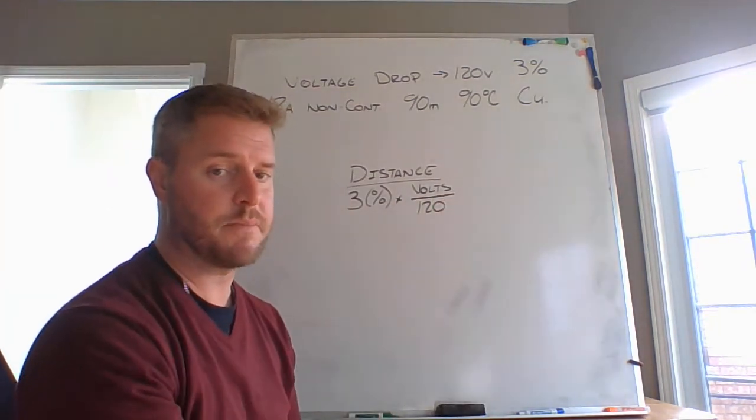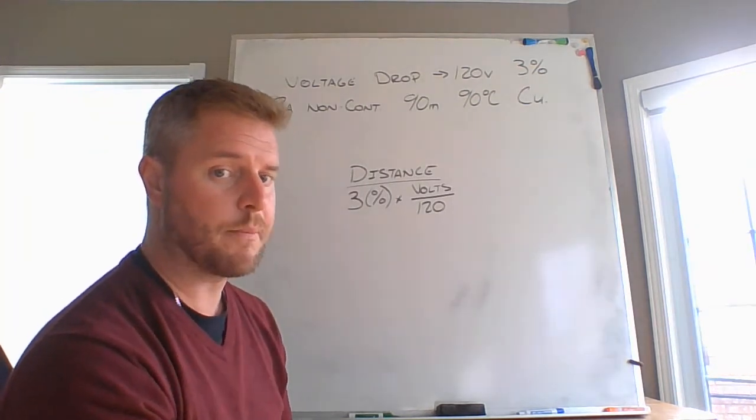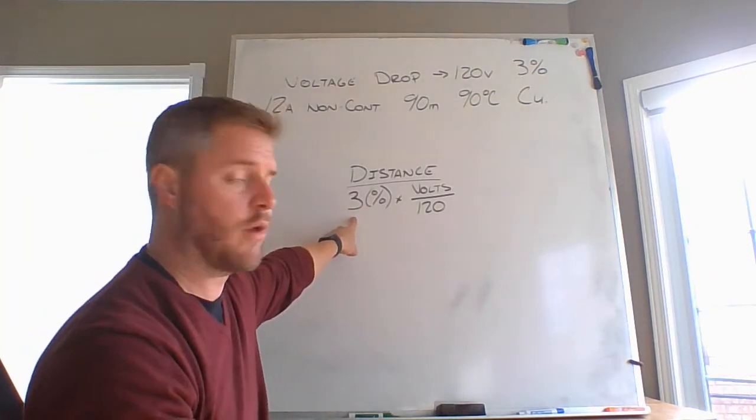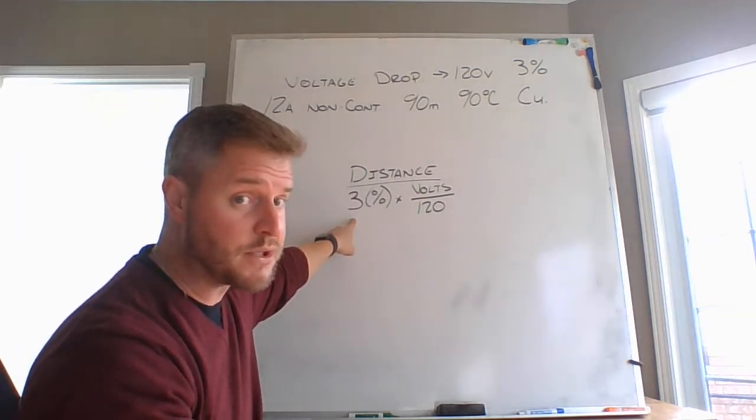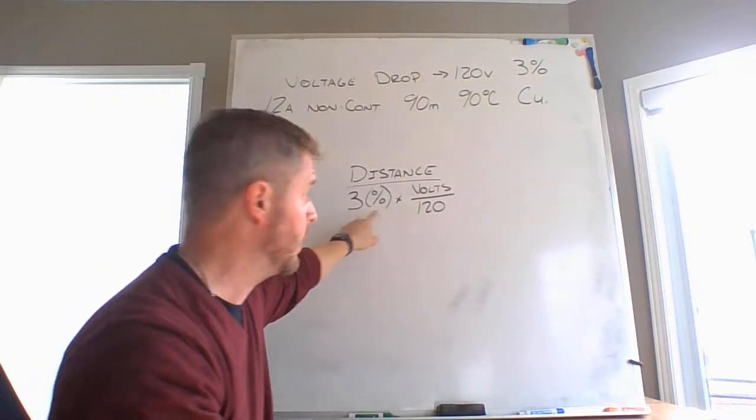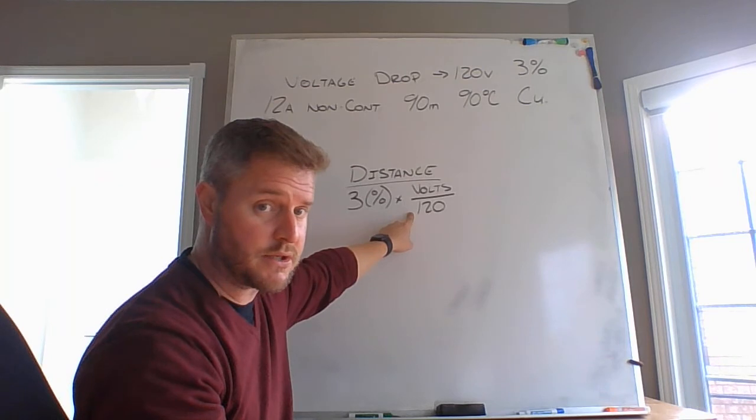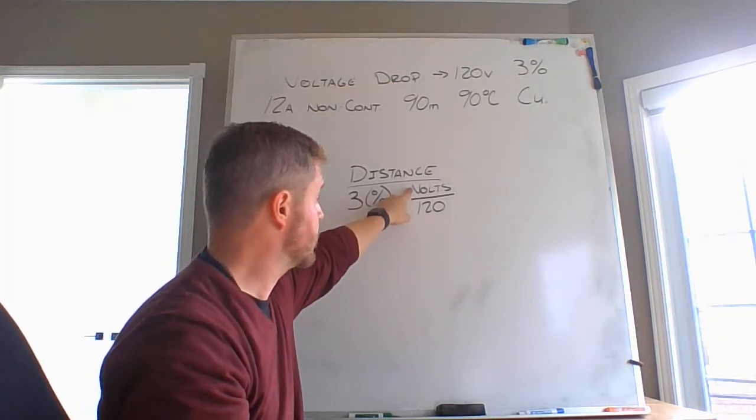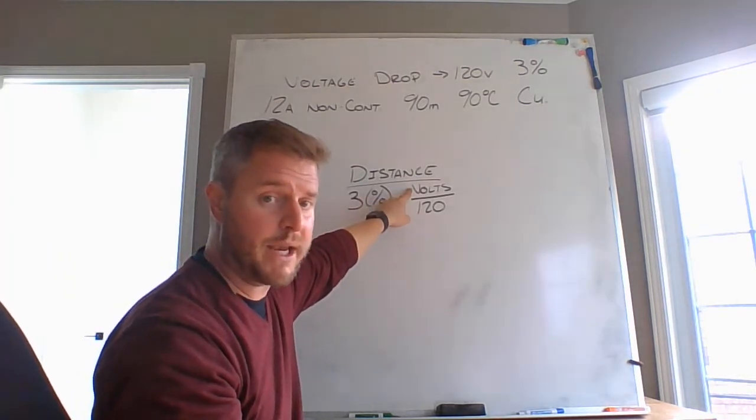Because Table D3 is based on a 2-wire circuit, 1% voltage drop. That's where I generate my 3 from, because I'm allowed 3% voltage drop, not 1%.